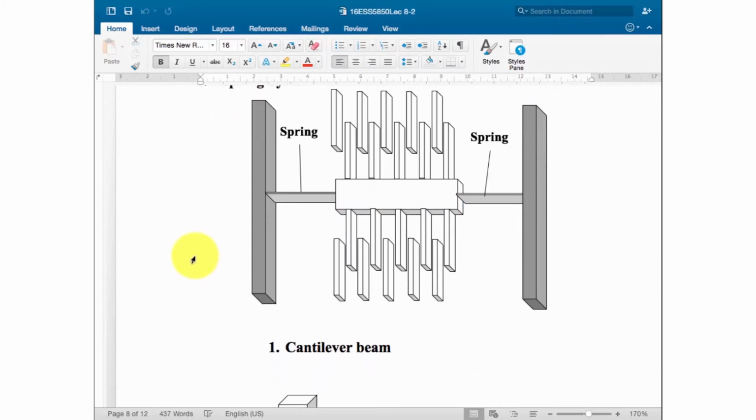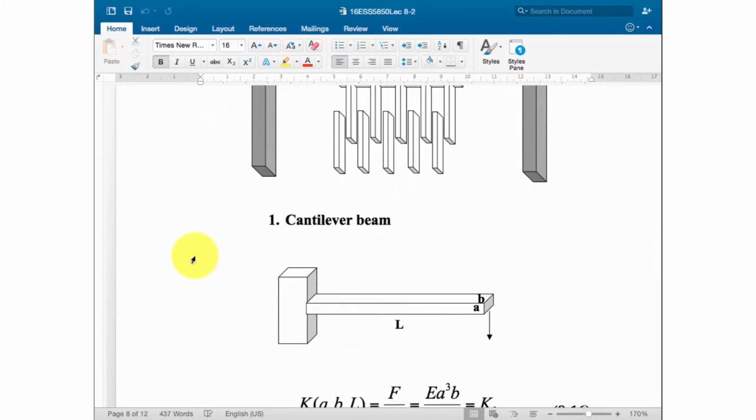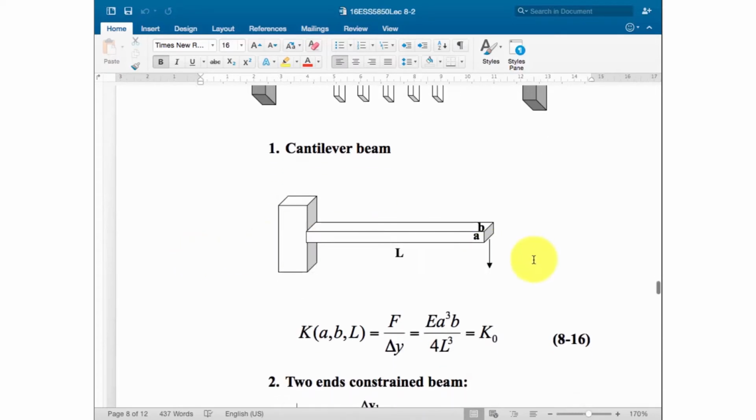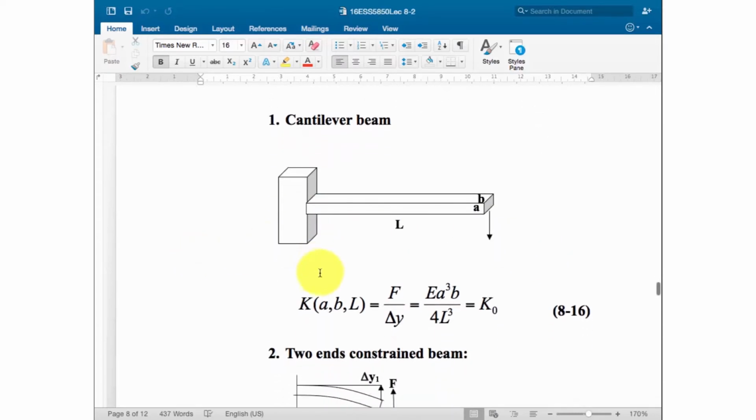For the cantilever beam, we developed some equations. If you consider only a single cantilever beam moving top and bottom, the spring constant can be considered as E a b³ over 4 L³. We developed this equation about a month ago.